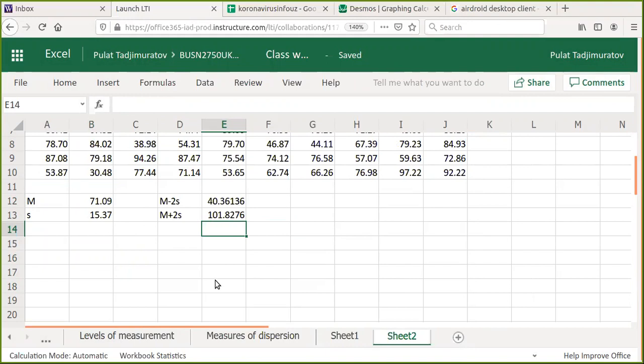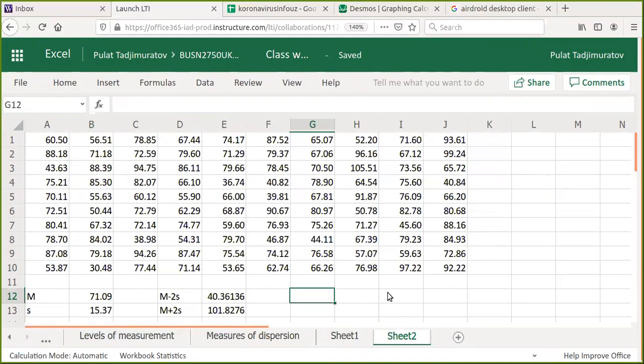Now, we definitely do not want to count it by hand. So again, I'll ask Excel to calculate how many of them are between those boundaries.